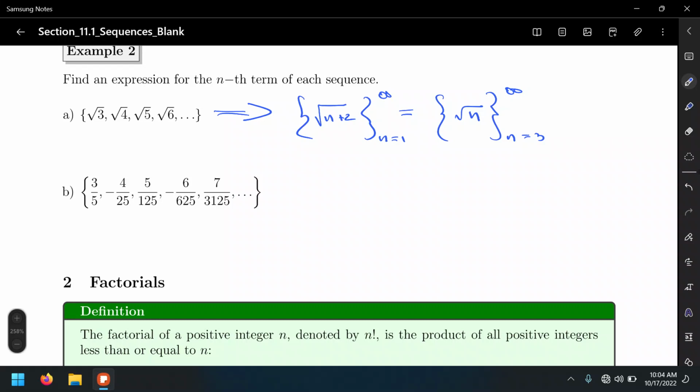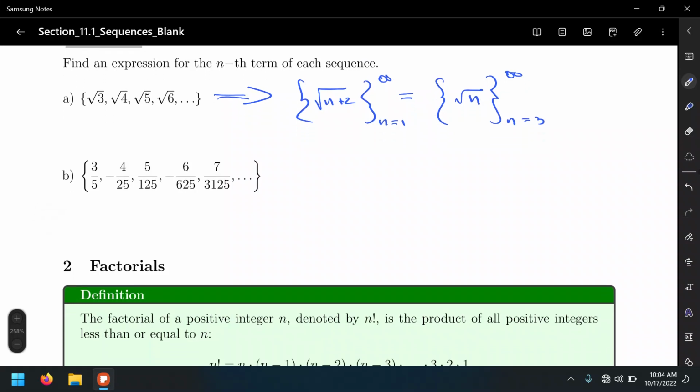Here we need to determine whether we can identify any pattern of numbers, like a sequence of perfect squares, a sequence of powers of 3, powers of 2. Do you see anything here that looks like a pattern at all? Anyone? Powers of 5. We have powers of 5 in the denominator, right?